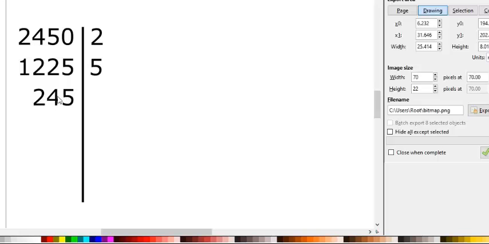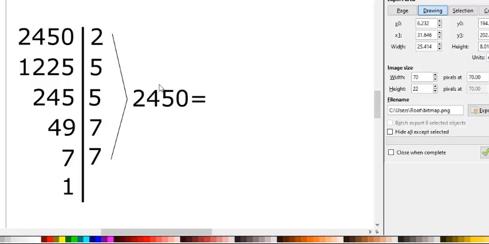Now 245 also has a fifth part. So I can divide this by 5, and it will give me 49. Now 49 doesn't have a fifth, but it has a seventh. So the seventh part of 49 will be 7, and this one also has a seventh, so the seventh part of 7 will be 1. With these numbers, another way to write 2,450 will be 2 times 5 to the power of 2 times 7 to the power of 2.